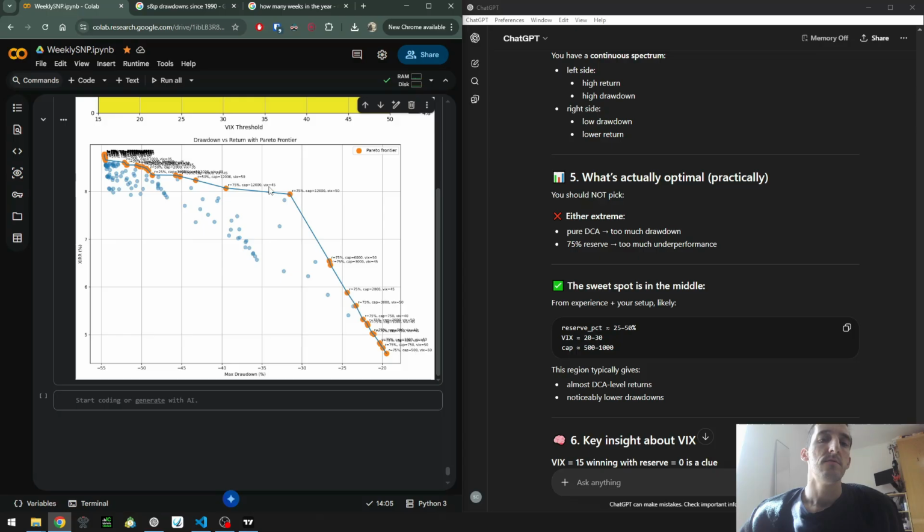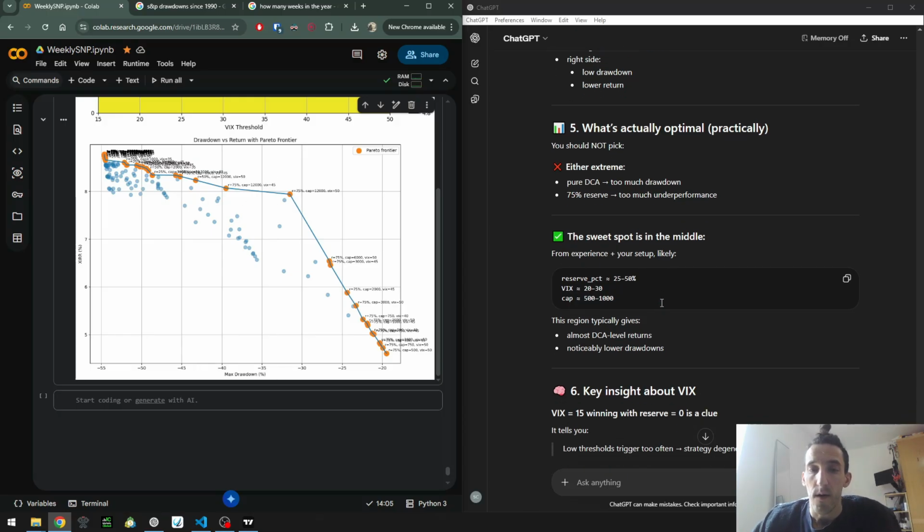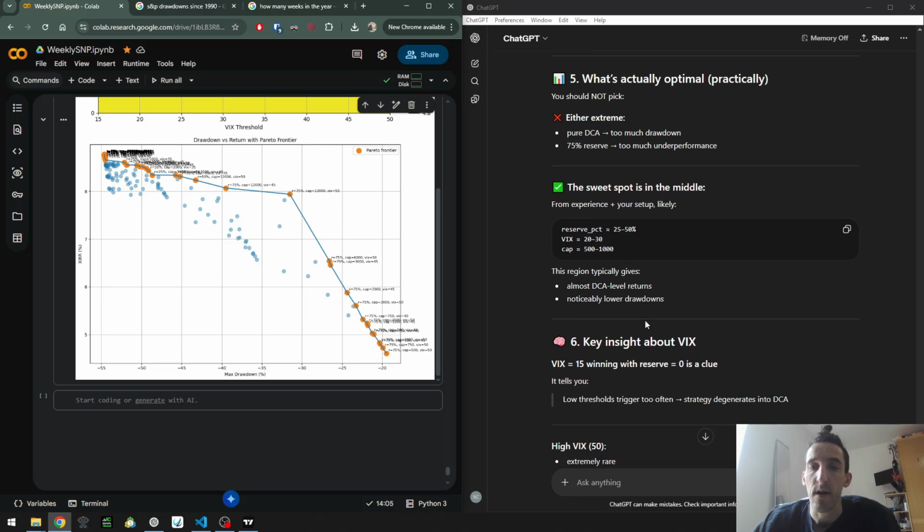Yeah, realistically, this is it. The region typically gives almost DCA level returns, noticeably lower drawdowns.